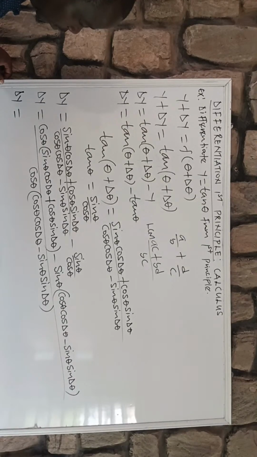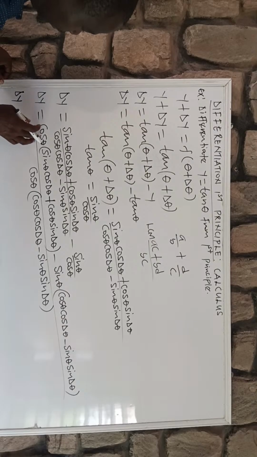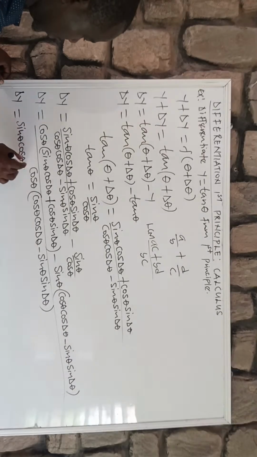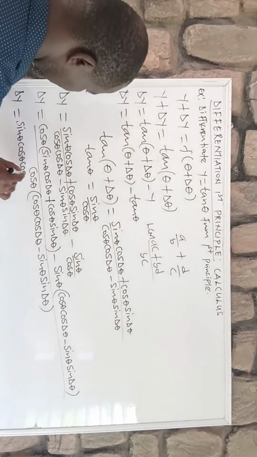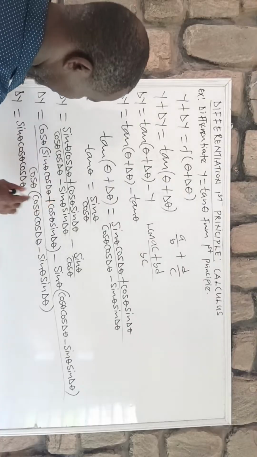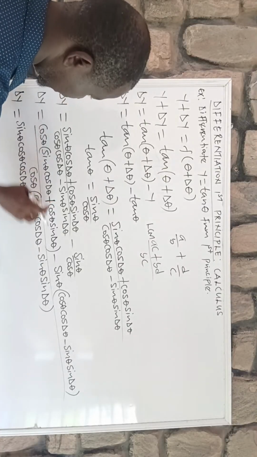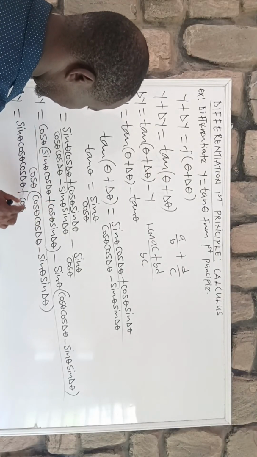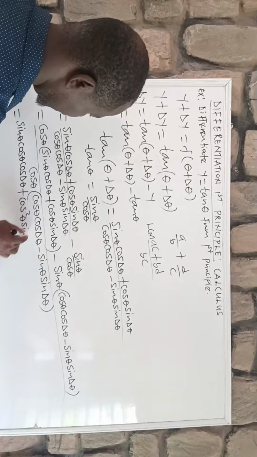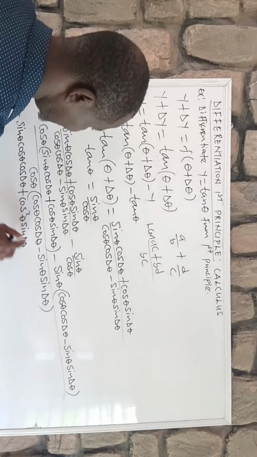If we multiply these brackets, we are going to have this times this, sin theta cos theta cos delta theta, true or false, then plus cos theta times cos theta, cos square theta sin delta theta.